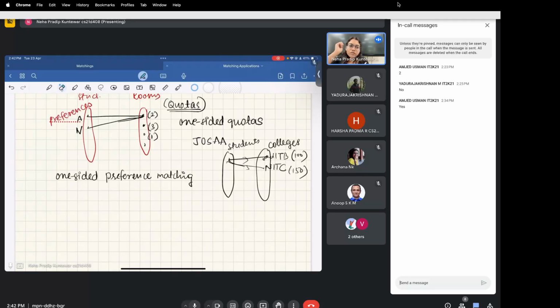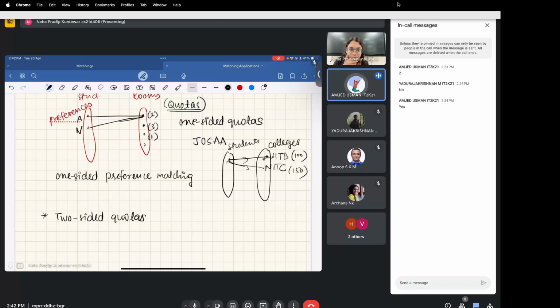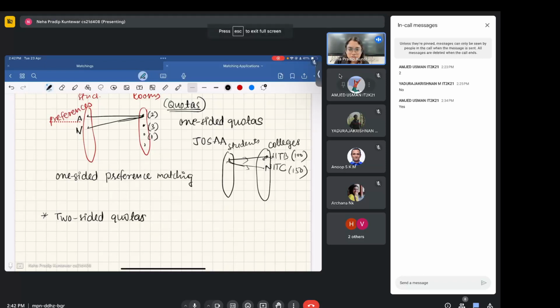And yeah, can you think of a situation where there are two-sided quotas? Situation in which college prefers score. College prefers rank of the student. Oh no, sorry, I did not understand.